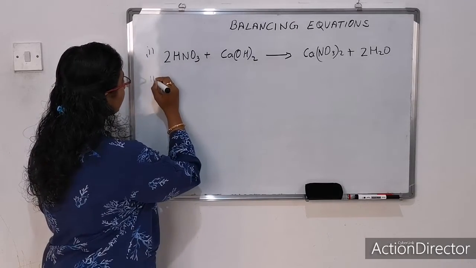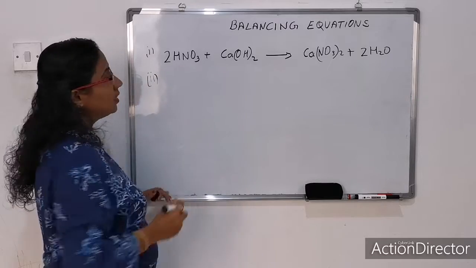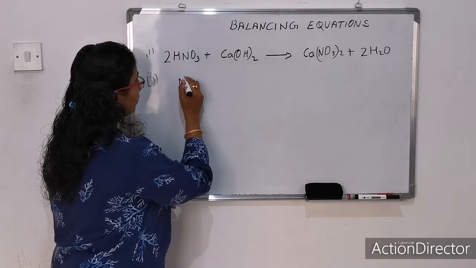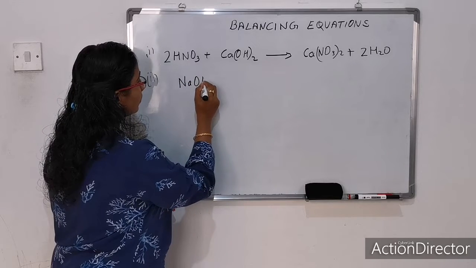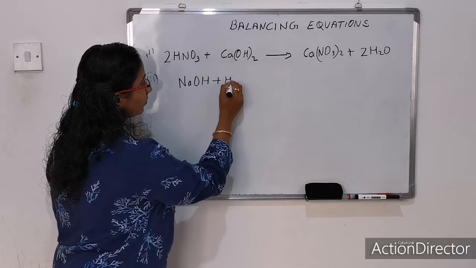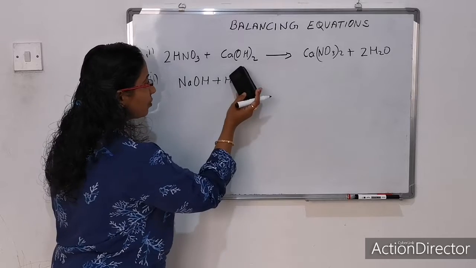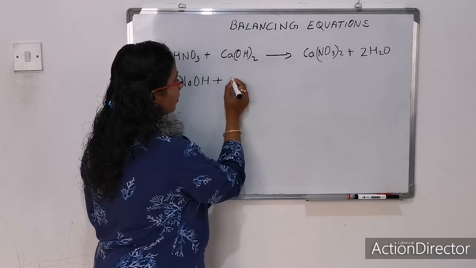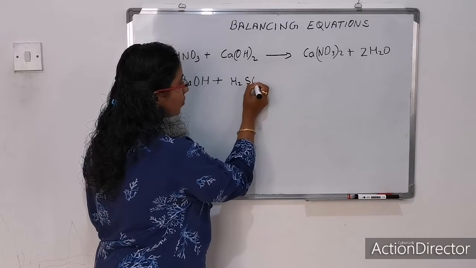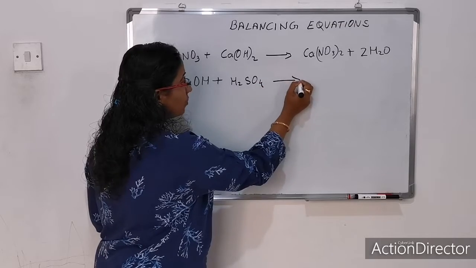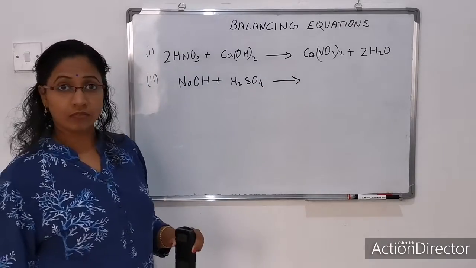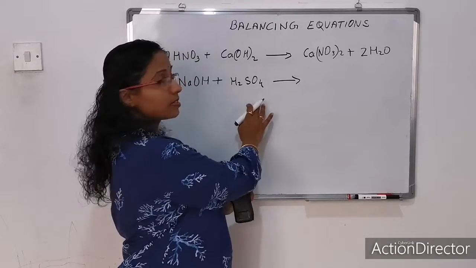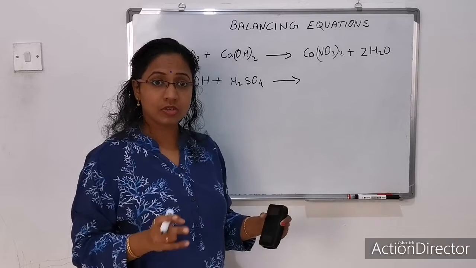The second one, NaOH plus H2SO4, and leave some space so that if I have to add numbers, I can add. H2SO4 is sulfuric acid. NaOH is sodium hydroxide. This is a base, this is an acid. It will give a salt.